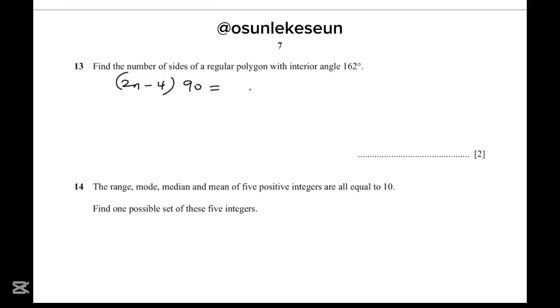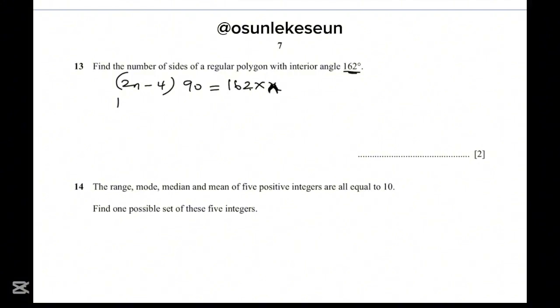In this case we don't know the number of sides, so we set this equal to 162 times n. This is going to be the sum of the angles in this polygon. So we are using n as our unknown, the number of sides. So we have 162n here. Let's open the bracket.